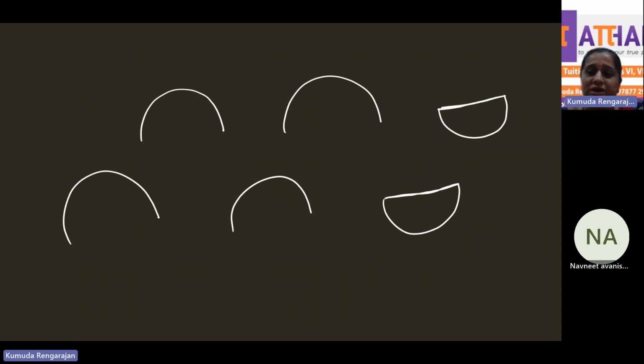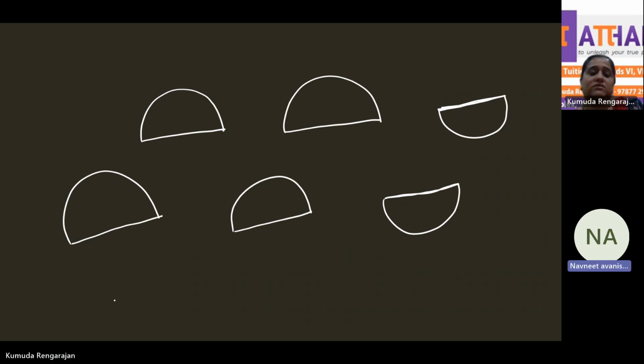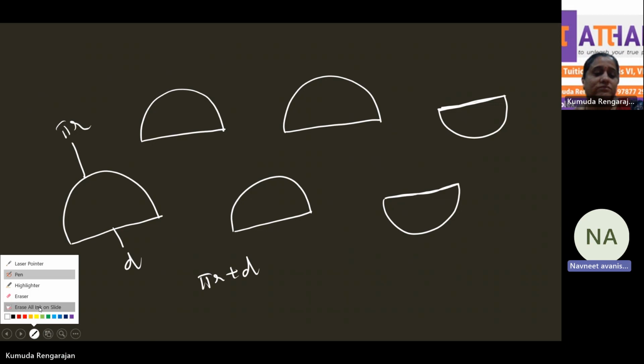Is this diameter or radius? Diameter. So this one is pi r, this one is d. So the perimeter, or the length of the boundary of a figure like this, is pi r plus d. Okay? Yes, ma'am.